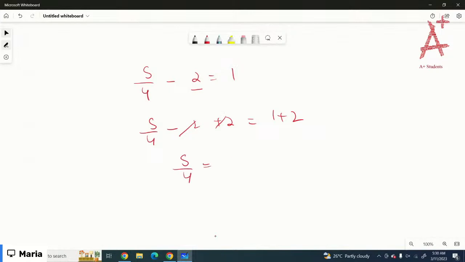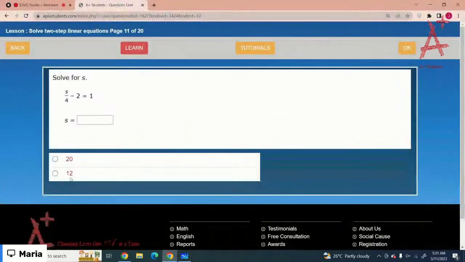It is s over 4 equals 2 plus 1, which equals 3. Got it? You have to multiply both sides by 4. So it would be s over 4 times 4, and 3 times 4 is 12. So the 4s cancel out, and s equals 4 times 3, which is 12. Got it? S equals 12 is the correct option. So just select the correct option, then click on the OK button.